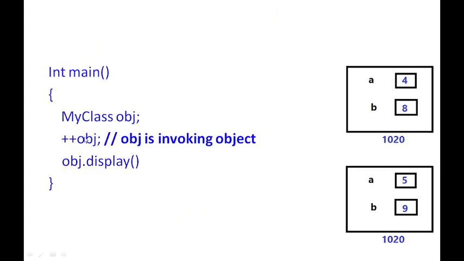Even though it looks like an arithmetic statement, it's actually a function call. So we are invoking the member function using obj. And the result is the same. Whether you are using an operator overloading function or a normal member function, we are not getting any different result. The difference is only in the readability; it looks much clearer to understand. That's the only benefit.